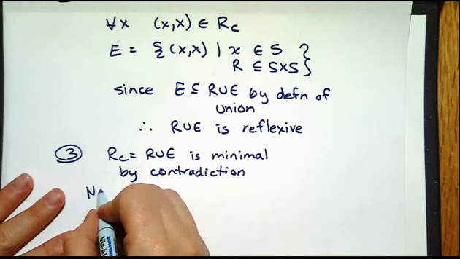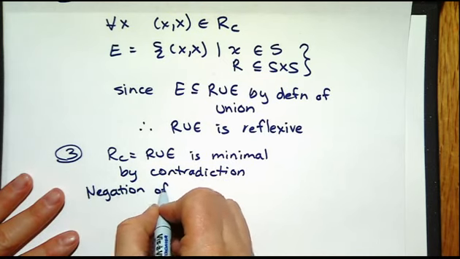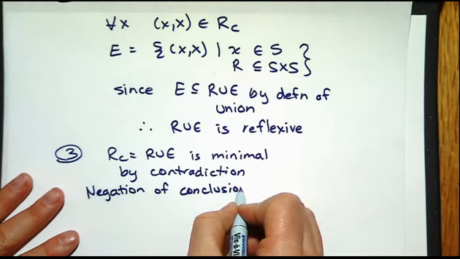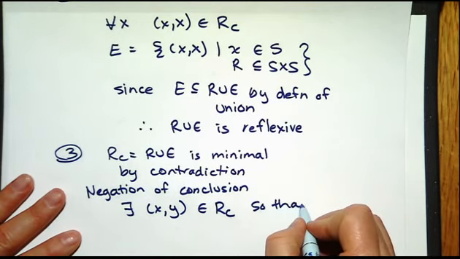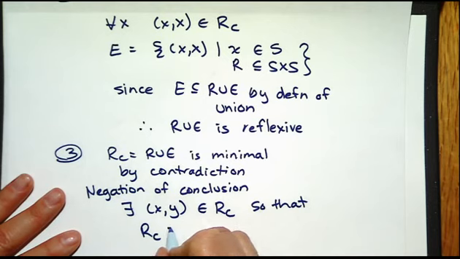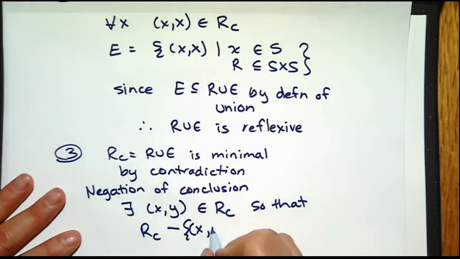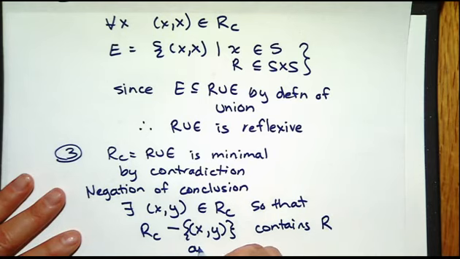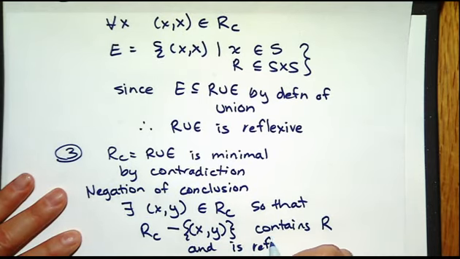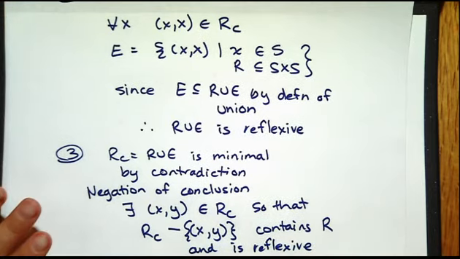So the negation of the conclusion is that there exists a point xy in RC so that RC minus the set containing xy contains R and is reflexive. So that means there's a point I can take out. That's exactly what that means.